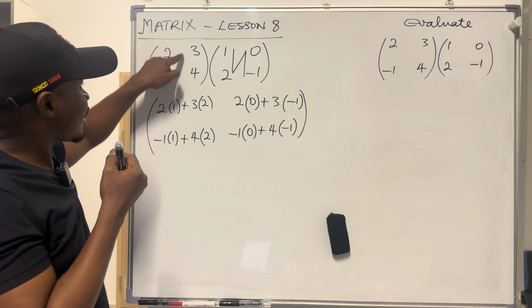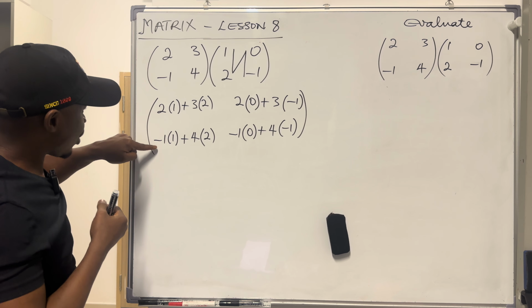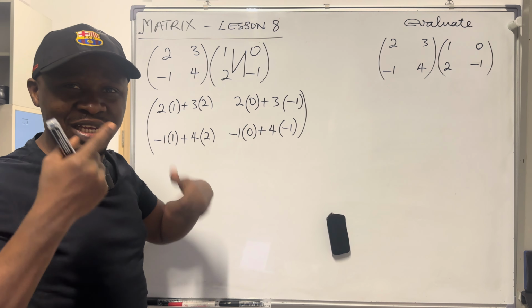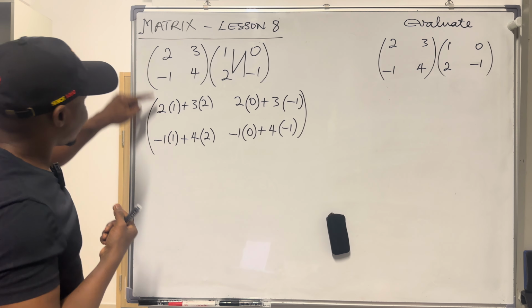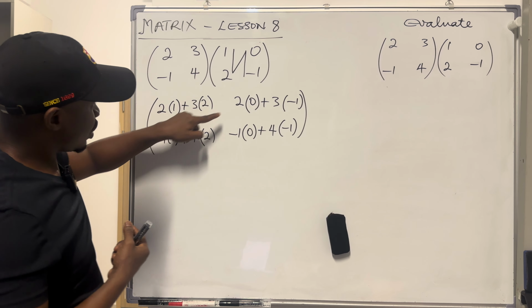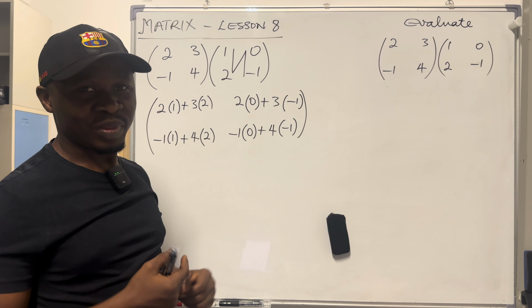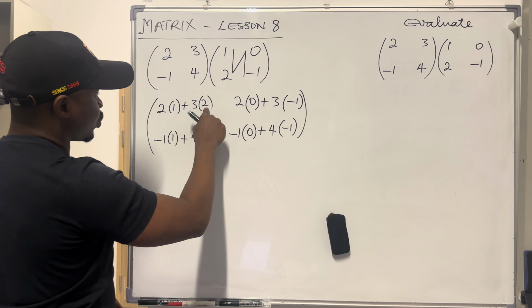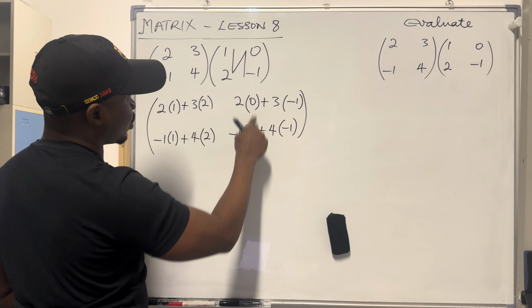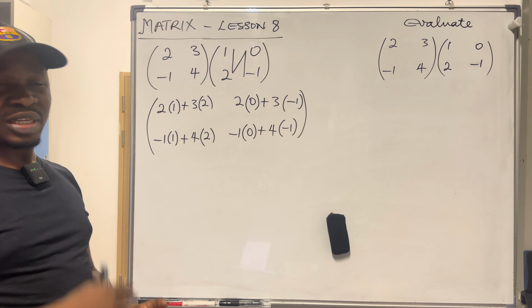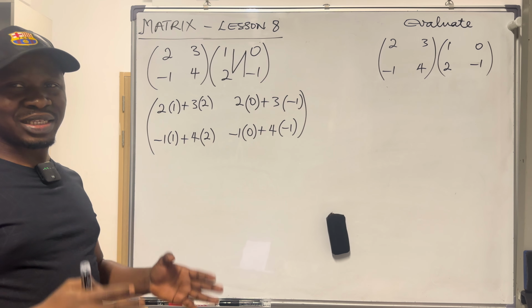Be singing it. 2, minus 1, 3, 4. That one is good. Now this 1, 1, 1. This 2, 2, 2. This 0, 0, 0. Minus 1, minus 1, minus 1. It's so easy, but the process, you forget easily.